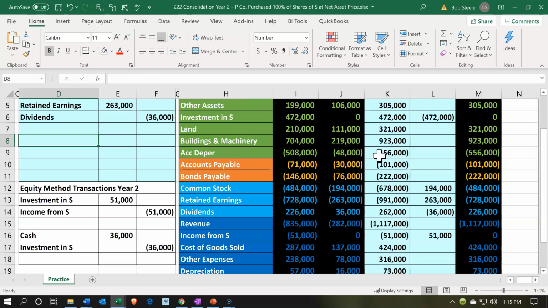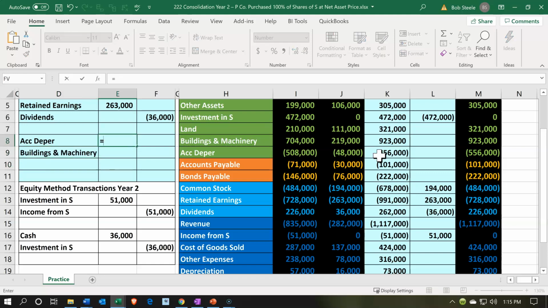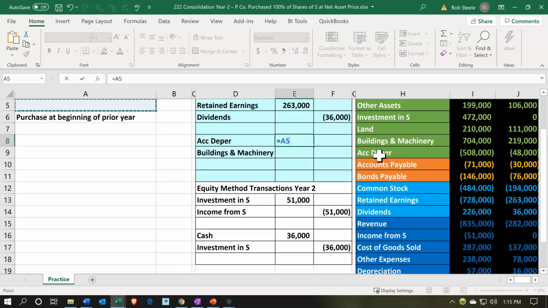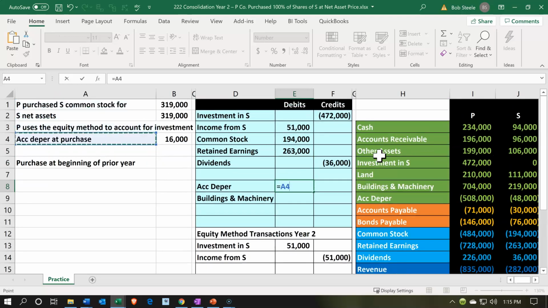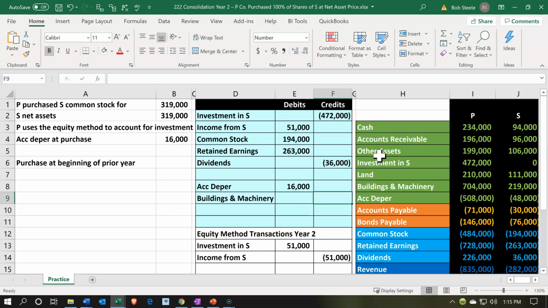We're going to say then that the accumulated depreciation, we're going to debit. And we're going to credit the building and the equipment. And it's going to be for the amount of accumulated depreciation at the time of purchase, at the time that the 100% of the shares were purchased, which was the 16,000.